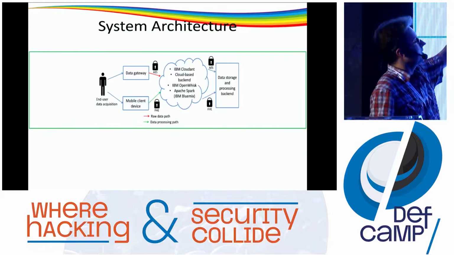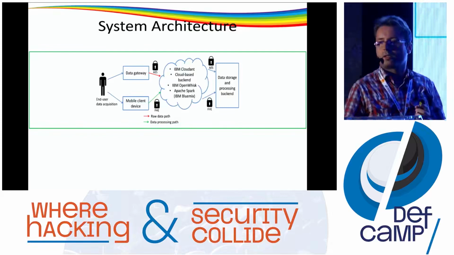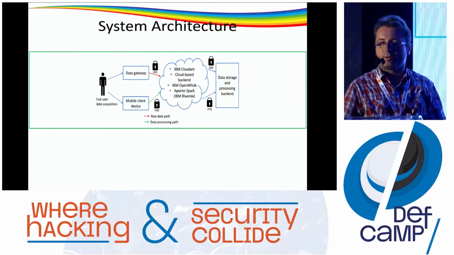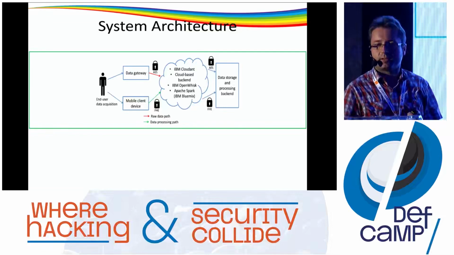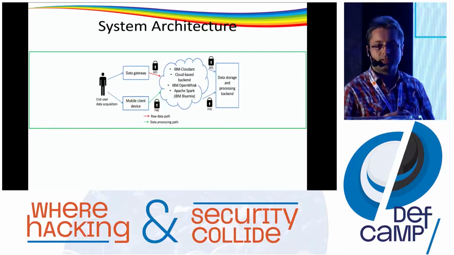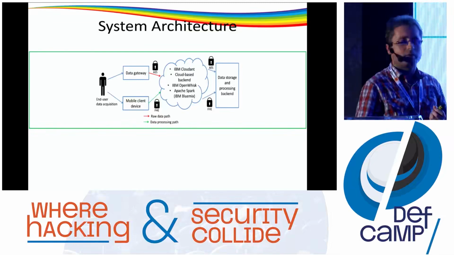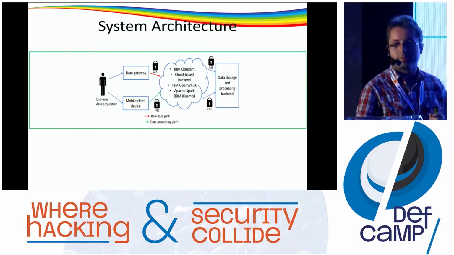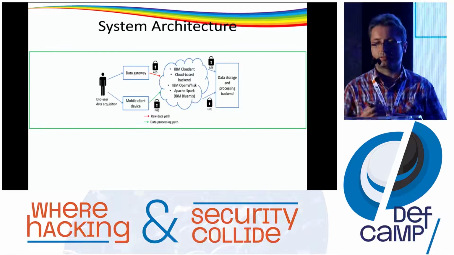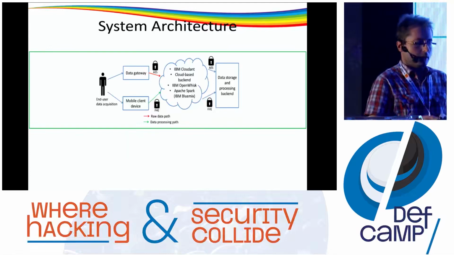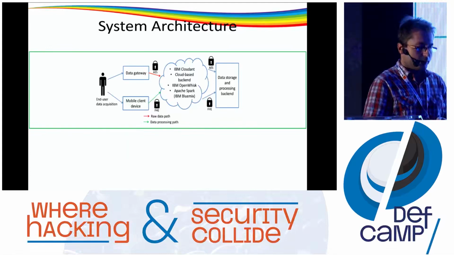You see that for the simple transmission path we use a standard AES encryption scheme, and then for the data processing path we use the fully homomorphic encryption scheme that I am talking about.